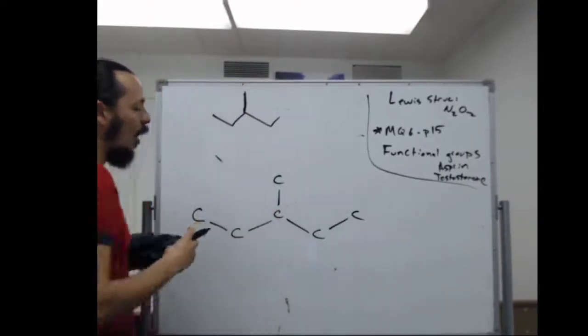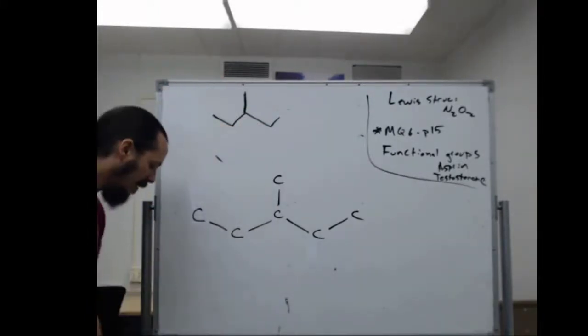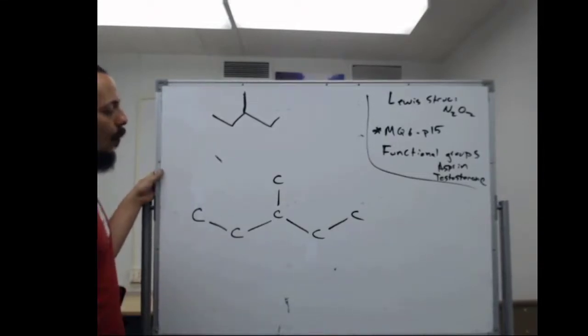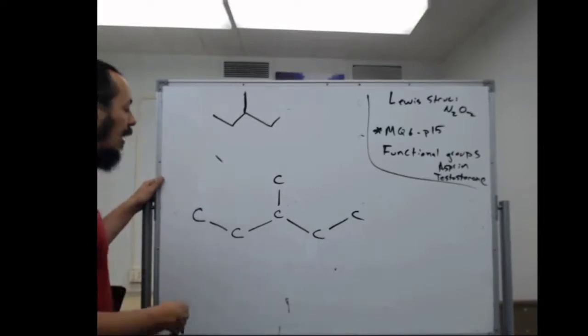In addition to those carbons that were kind of hidden in this picture, any place where there is a carbon, unless we have something else written, we want it to have as many hydrogens as necessary to fill its octet.